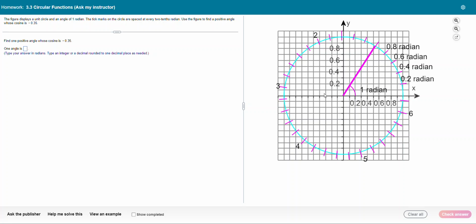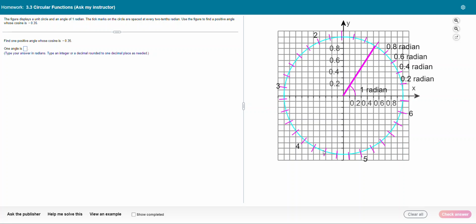Now, if we come back down here to my 1, 2, 3.5, so I'm right here again, and this time if I follow it down to the third quadrant, remember that this is an angle that rotates around, so that pink line here is going to rotate all the way around, and it's going to stop down here on the circle when the x coordinate is negative 0.35.